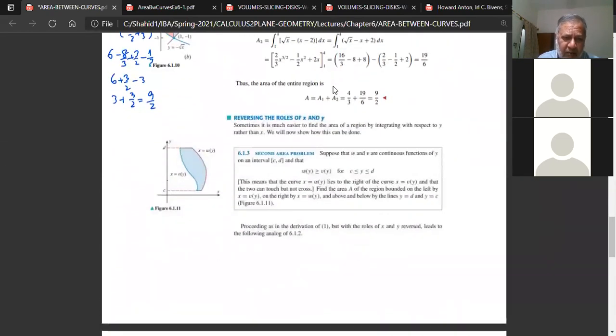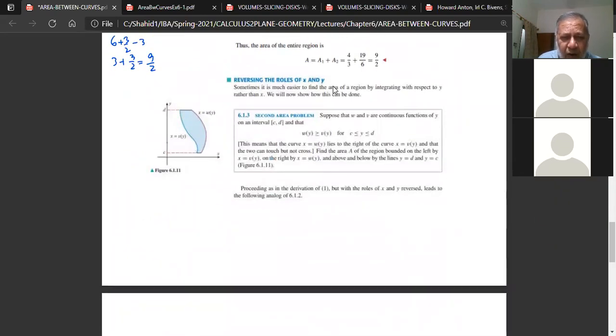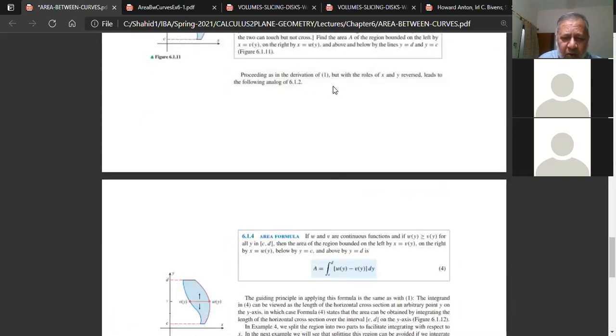So in problems, we have to decide what we have to do. Reversing the role of x and y is one of the important things that we need to care about.